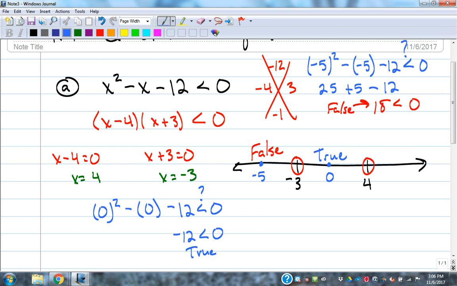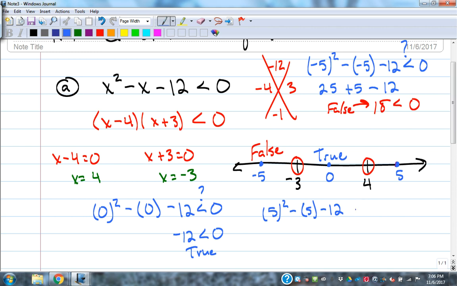Let's check this other area. We need a number bigger than 4. I'd say 5. It's a good one to plug in. 5 squared minus 5 minus 12.